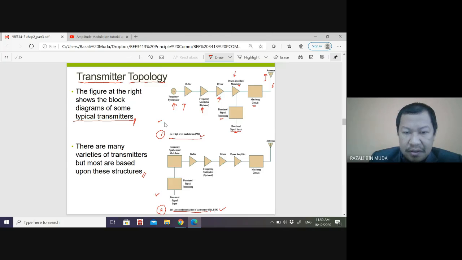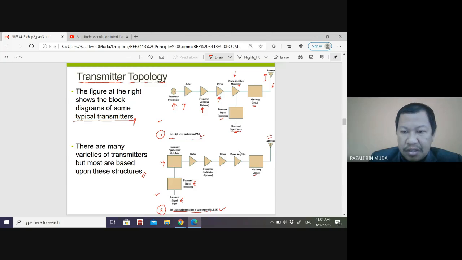What is the difference? The first part is baseband signal input, baseband signal processing, and then you have the frequency synthesizer or modulator, then you have buffer, frequency multiplier, driver, power amplifier, matching circuit, and antenna.